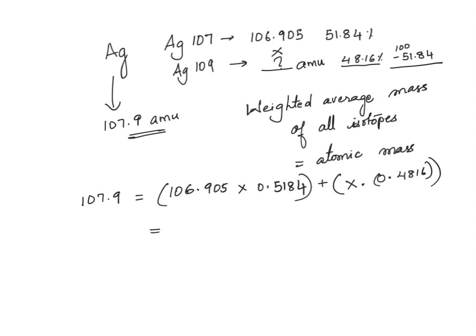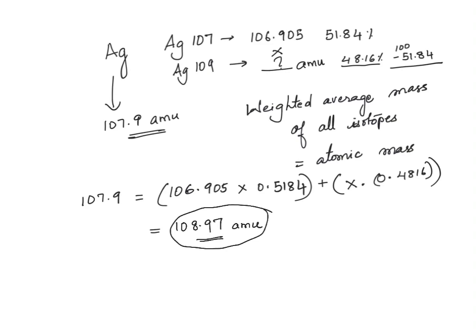And so you solve for x, and when you solve for x, you will get an answer of 108.97 AMU. So the atomic mass of the second isotope is 108.97 AMU.